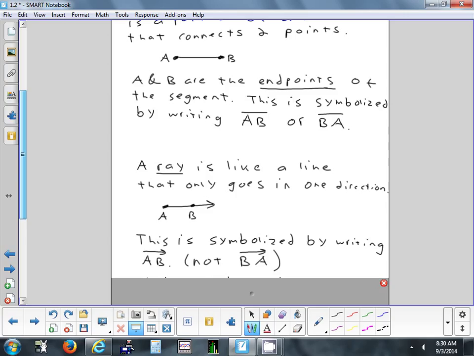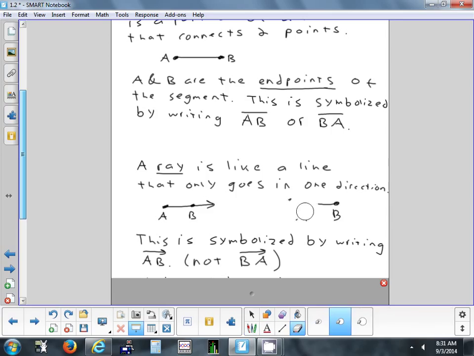We would switch the letters under the symbol. So if you want to talk about this ray, the symbol for this would be that, right there. All right. Starting at B, heading towards A, and continuing through it.